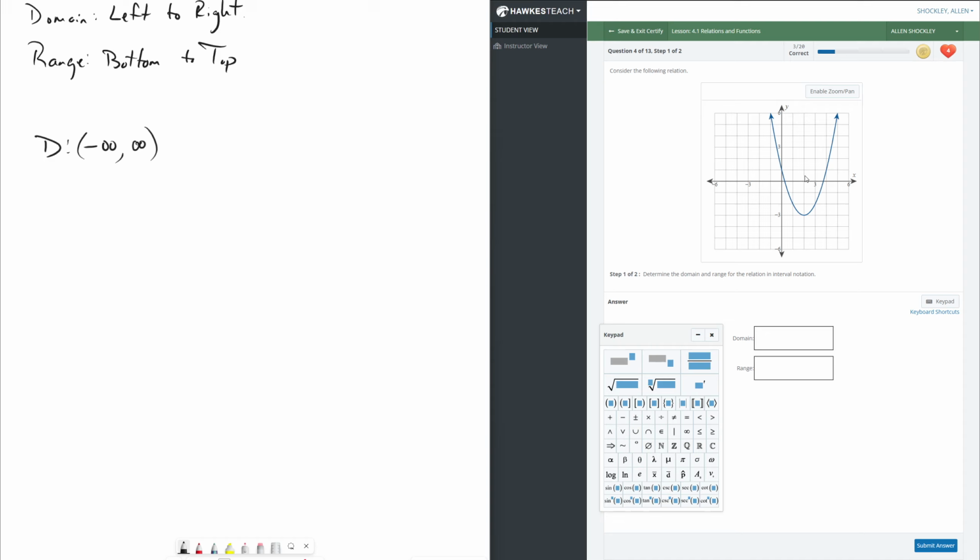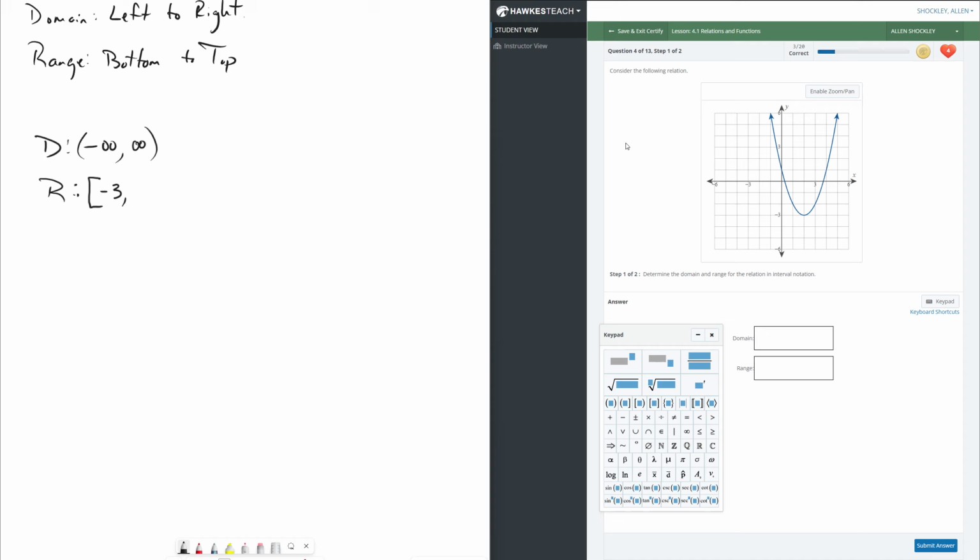If I was going up, then it'd be 1, 2, 3, whatever. But since I'm going down, this is -3. So I know that my range starts at -3. And I'm going to use a bracket on this -3 because this is a line I can actually touch the point -3 with this. It's a solid line, so it's going to be at -3.